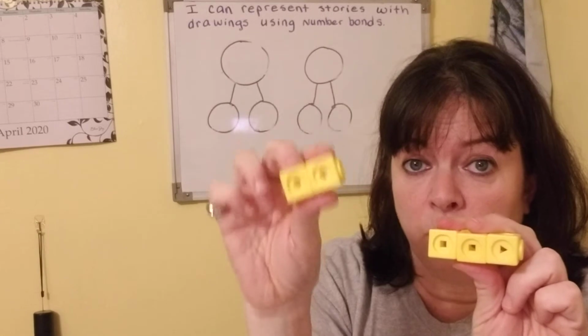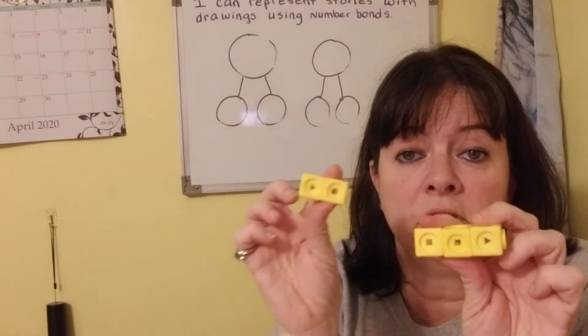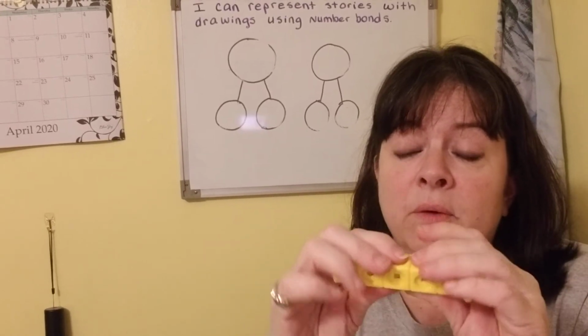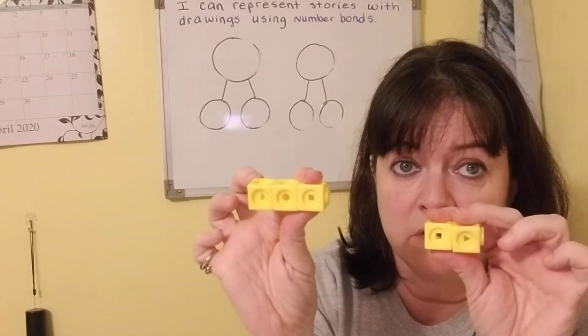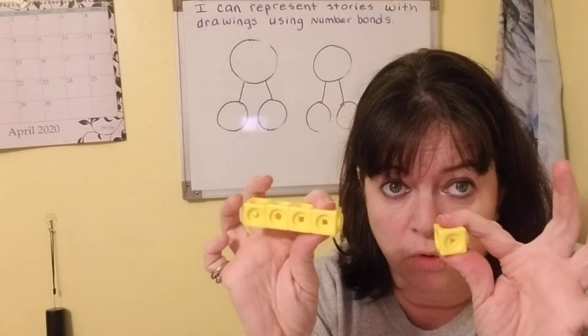Now we have 1, 2, and we have 1, 2, 3. All right, so we can do it like that. And we can put them back together, and now we're going to start seeing the same numbers just in different order. So we have 3, and then we have 2. Right, and then we go back to this 1 and 4.